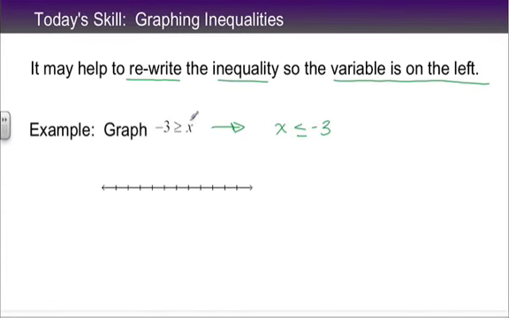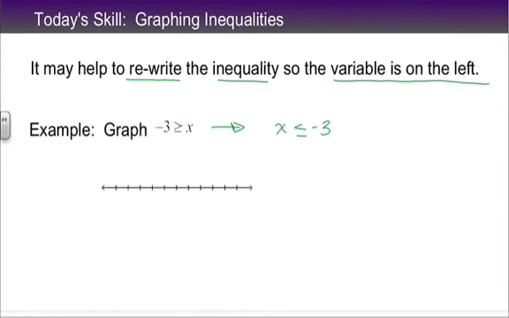Now I've changed the inequality symbol, but that's because I've changed the side that x is on. Notice how the small point here is toward the x, and over here the small point is toward the x. In my inequality symbol over here, the opening is toward the -3, and over here the open side is toward the -3.